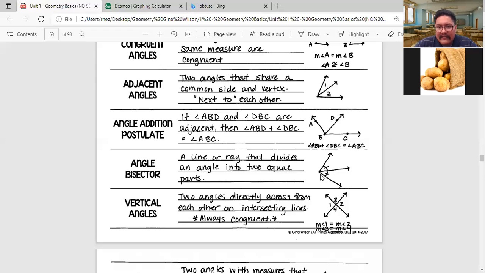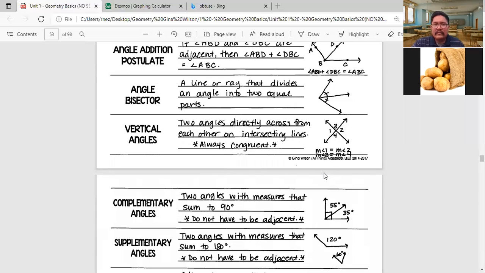So if you imagine a huge pizza slice here and you cut it from this part to the crust part, you would get two equally sized pieces if you were able to get the angle just right, right through the middle of both of those. And again, bisector just means cut in two, and usually means to cut it into equal parts as well. So, a line or ray that divides an angle into two equal parts.